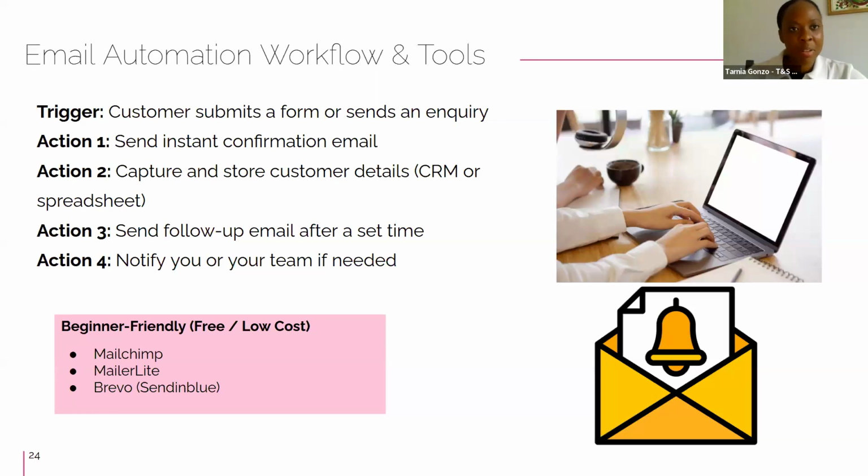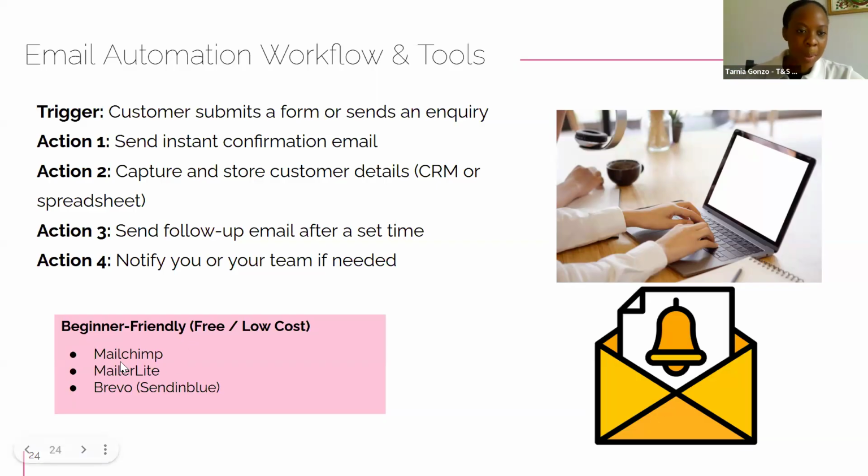The example could be: I submit an inquiry on the website, you send an instant confirmation email, it captures and stores customer details in a spreadsheet, then sends a follow-up email after a set time, and then maybe notifies you or your team if needed.